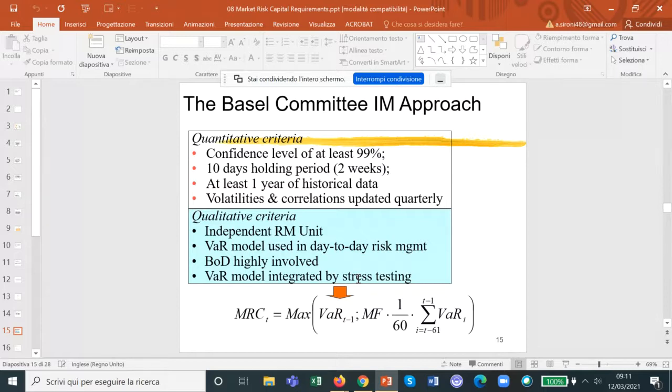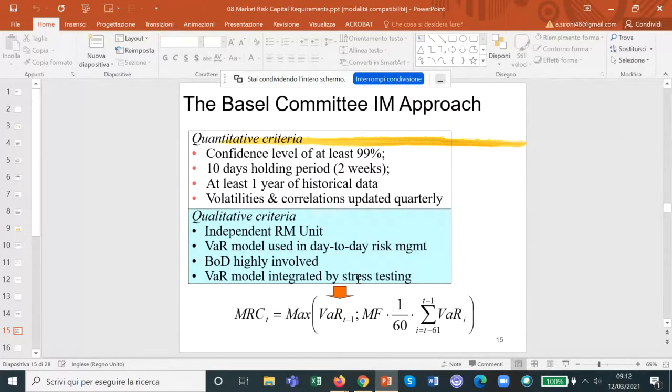MF stands for multiplying factor. That multiplying factor is the penalty that I mentioned last week, when we discussed back testing. How does this work? Basically, the Basel Committee is saying, first of all, you have to respect all these quantitative and qualitative criteria. Then, if you do so, the minimum required capital is given by this formula. But then there might be a penalty if your model is a bad model.